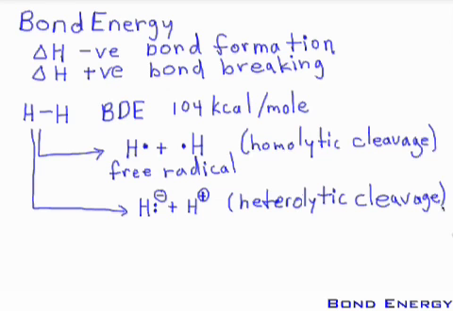Okay. Now here's a question for you. When we're measuring bond dissociation energy and get 104 kilocalories per mole, we're actually conducting homolytic cleavage. Why, when determining bond dissociation energy, would you want to carry out the experiment so that you're doing homolytic cleavage? The answer is you want to measure the total force of attraction, okay?